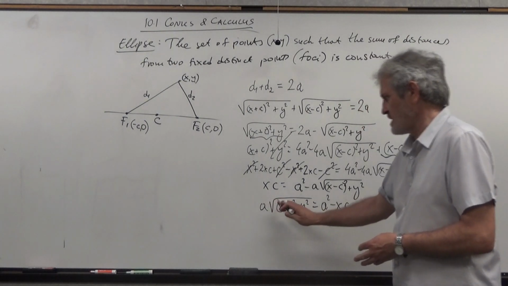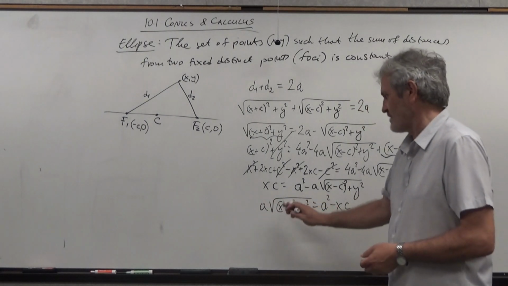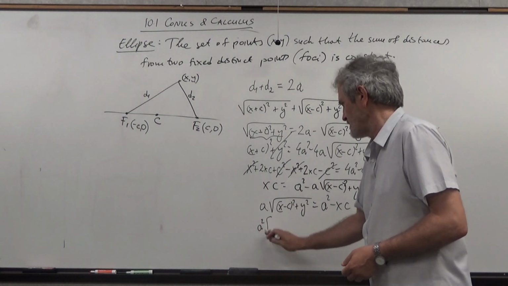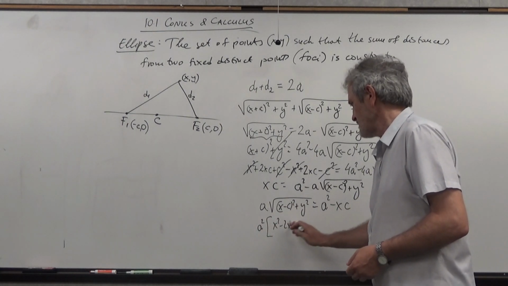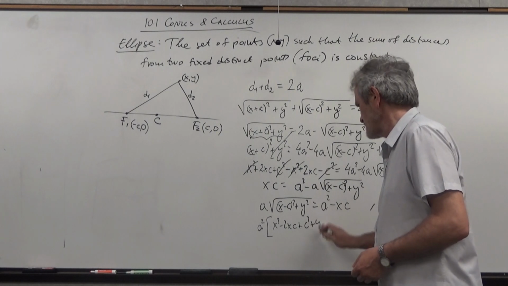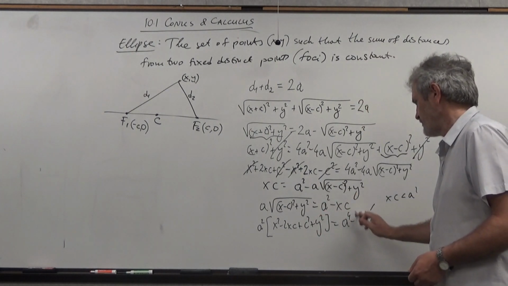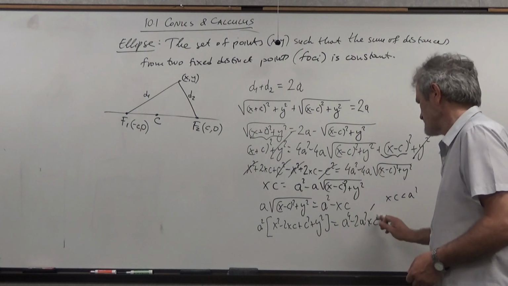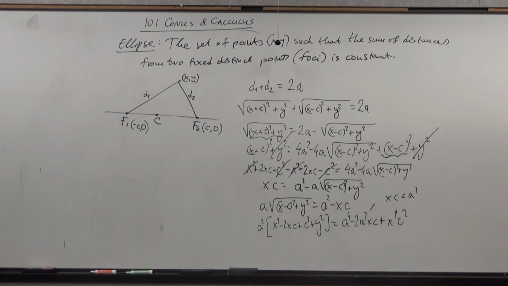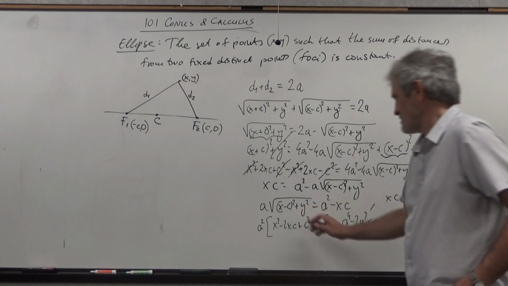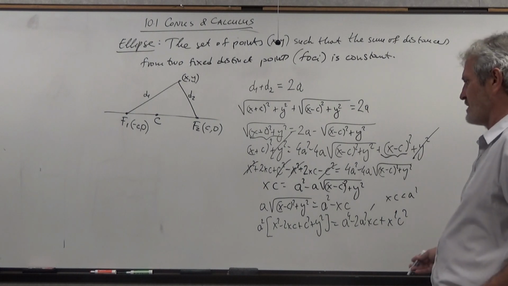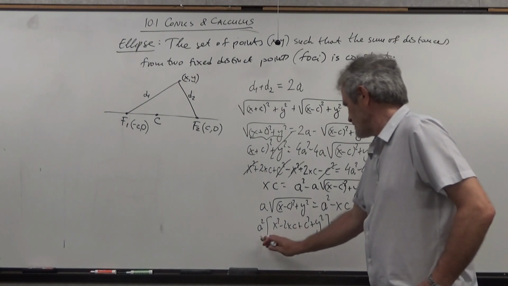This square root disappears, and I FOIL inside, so I get a squared times (x squared minus 2xc plus c squared) plus y squared, equals the binomial squared: a to the 4th minus 2a squared xc plus x squared c squared. And when you distribute here, a couple of things will cancel, and we have our equation.